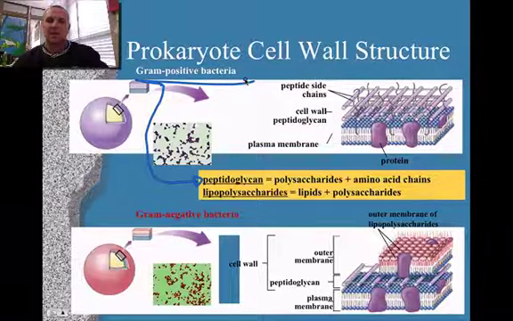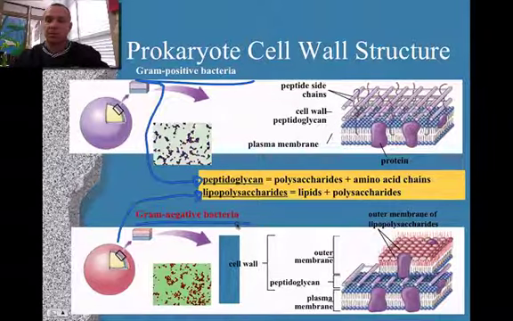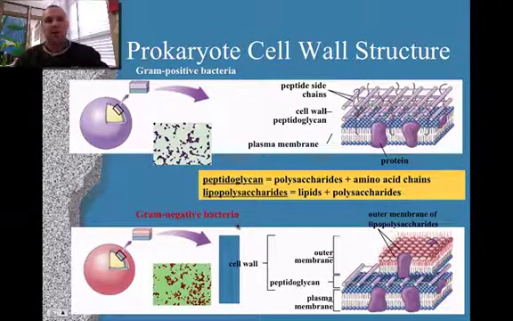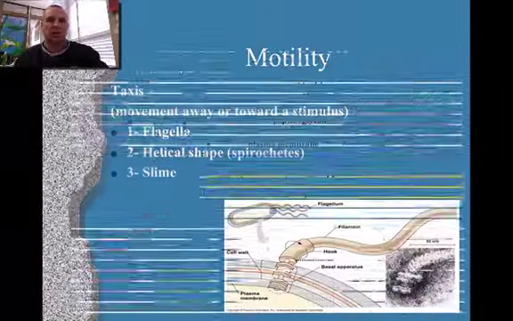Your gram-negative bacteria don't stain very well, and they are going to have a more complex structure. This one is your lipopolysaccharide, and that is your gram-negative. That's just lipids and polysaccharides. So just realize that positive and negative deal with the complexity of the cell wall. The gram-positive is not as complex as the gram-negative.